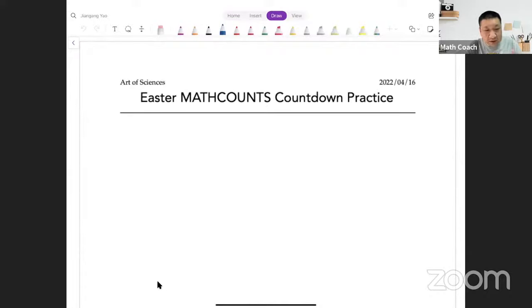Before each question starts, I will restrict the chat so you can only chat to host and co-host. Because we have 4 hosts and co-hosts, you should select to send the answer only to me. Then in my chat window, I can see all the submitted answers in time order.